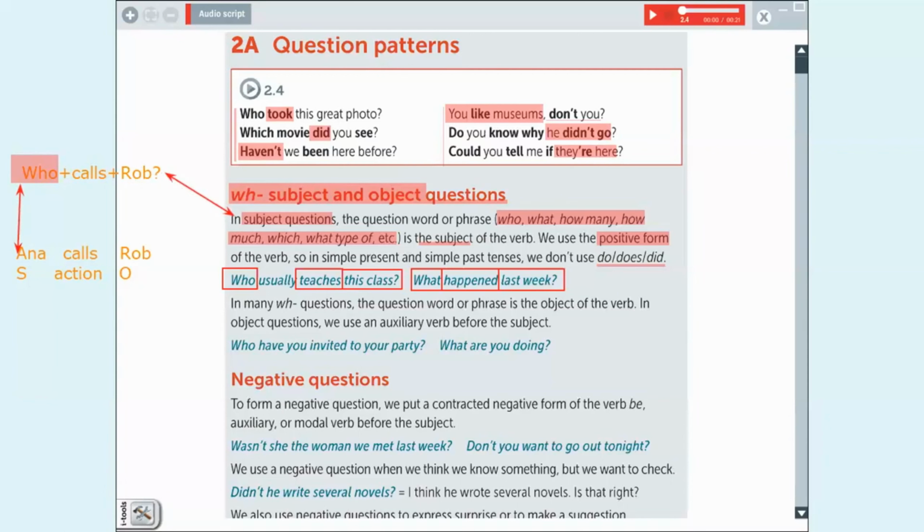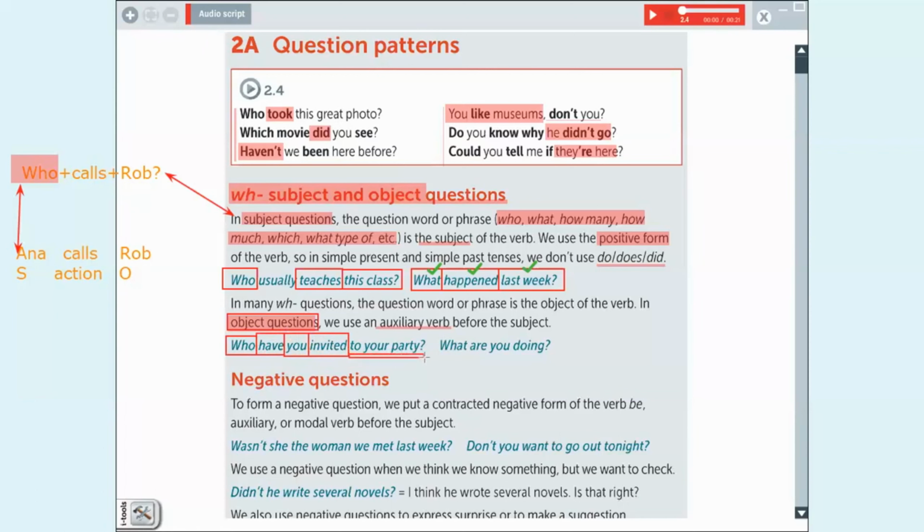Now, if I want to go with the object questions, in many WH questions, the question word or phrase is the object of the verb. In the object questions, we need to use the auxiliary verb before the subject. Previously, we had only three elements: WH, verb, complementary information. But in the object questions, now we're going to need the WH, the auxiliary, the subject, and then the verb.